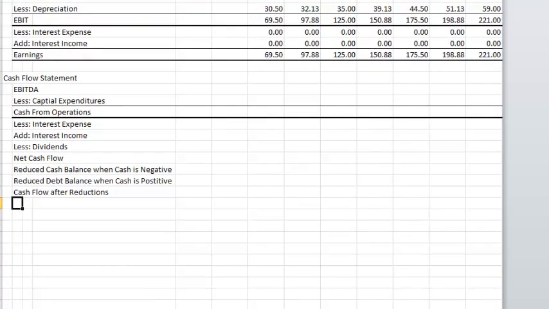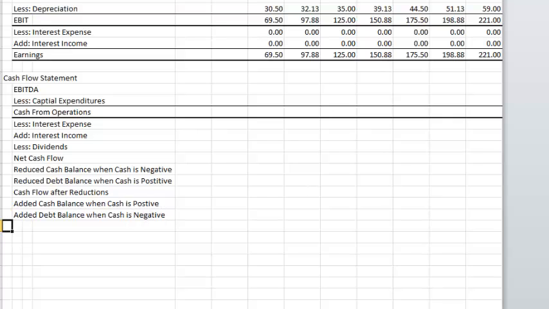Then we can put added cash balance when cash is positive, added debt balance when cash is negative.